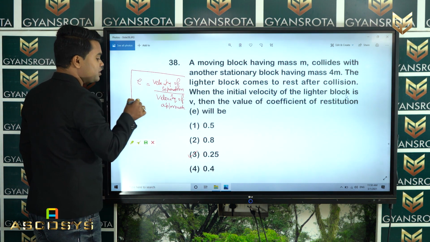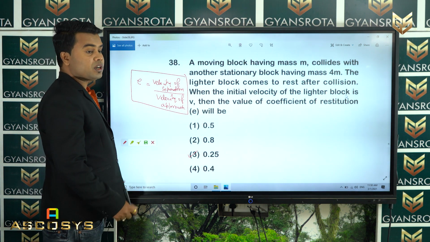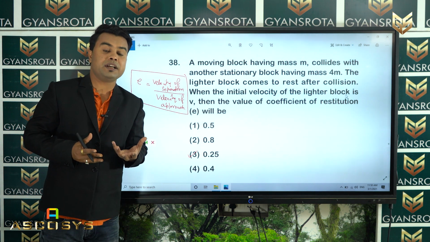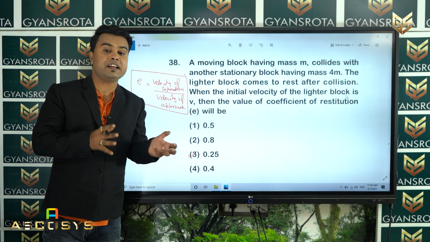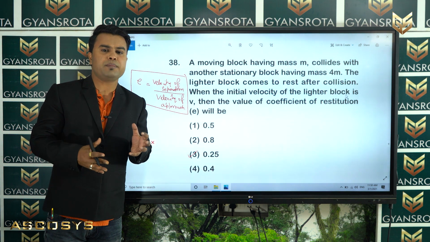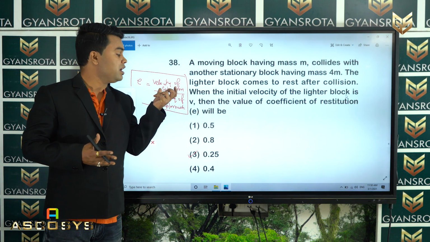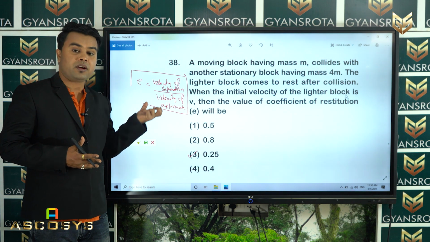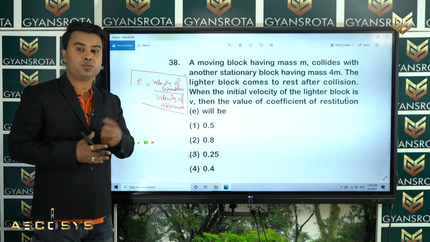So with the help of this you can find it out, and we know we can use the previous concept that the momentum remains conserved. Using momentum alone, we can find out the velocity of separation and velocity of approach. So your answer will be 0.25.